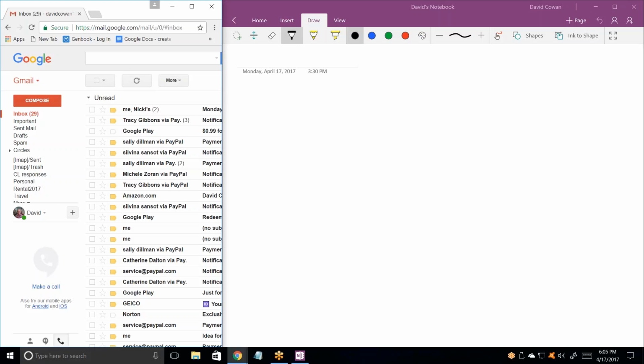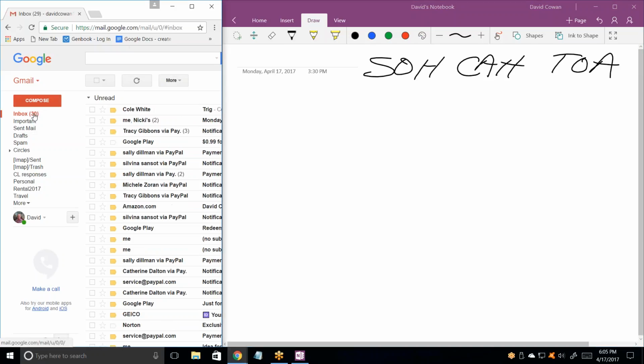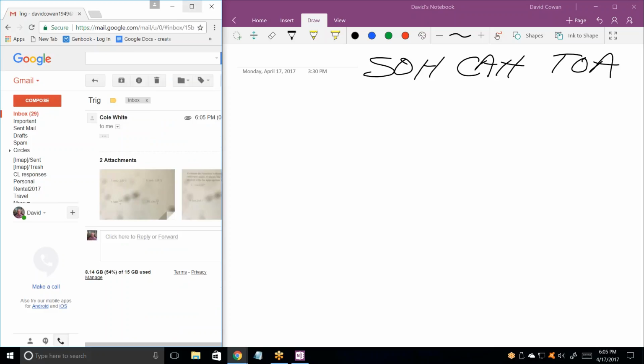Most important thing to know for trig is this: SOHCAHTOA. You should know that backwards and forwards. Sine is opposite over hypotenuse.